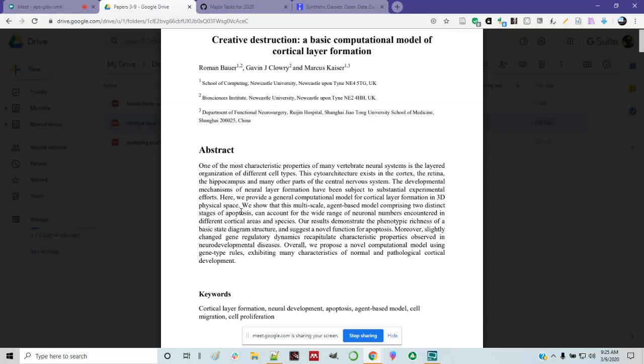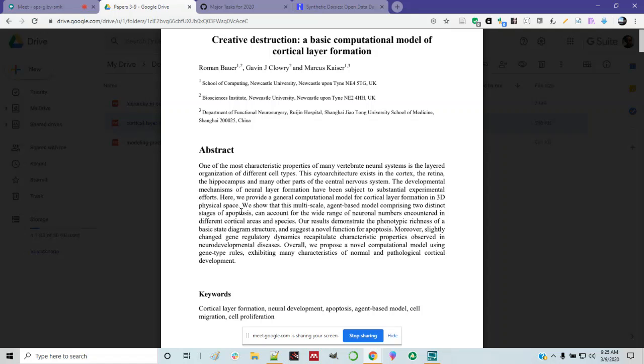And so apoptosis is something that maybe you don't know the term. It's a programmed cell death. So the cells will be born and they'll divide and they'll remain alive for a while, and then at some point they may die in a programmed way. So they might divide a certain number of times and then die off. Or in neurons, sometimes they die if they're not connected into a network.